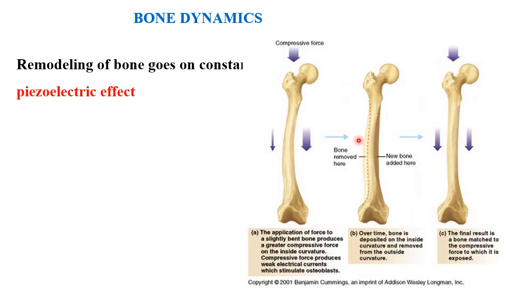And at the site where you don't need so much support, you can do a bit of bone reshaping, dissolving, to shift the weight to the other side of the bone. And what happens in the middle? If you have more strength here than there, nothing is really happening in the middle, okay? So that's why you can actually afford to have a hole in the middle of the long bones, okay?